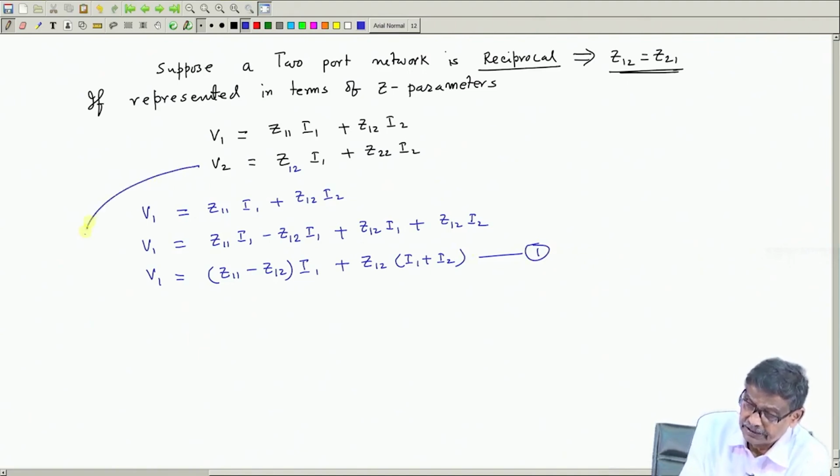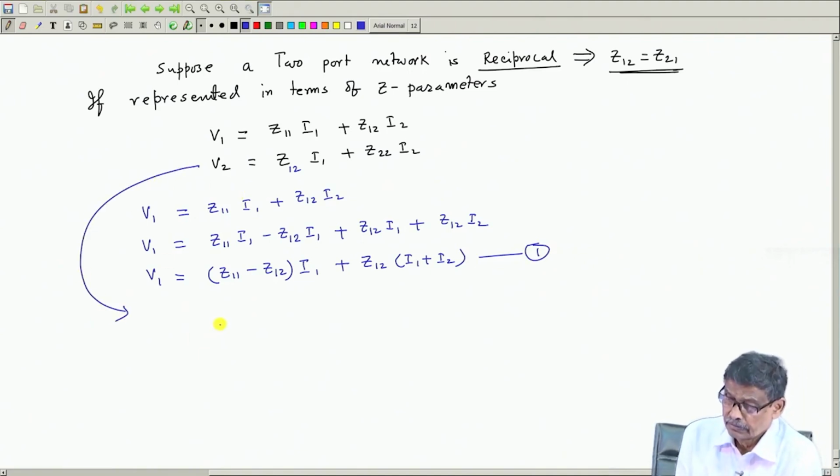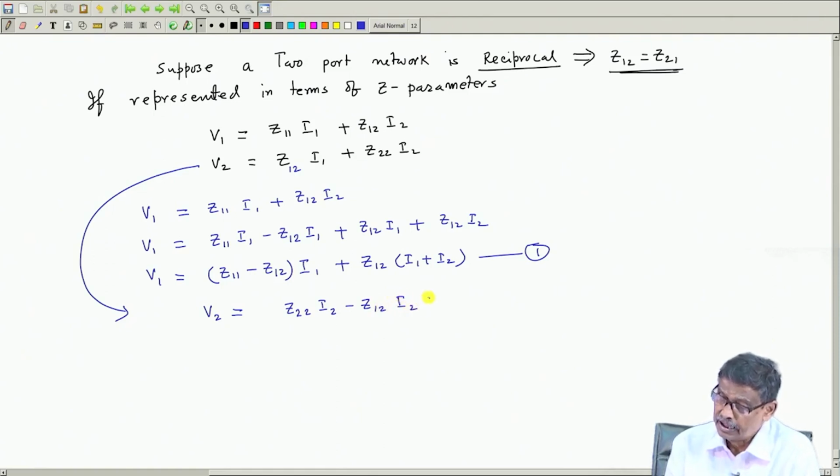Similarly, you play with the second equation. V2 is equal to Z22 I2. So, you write Z22 I2, then subtract Z12 I2 and add Z12 I2, so that it remains same as it was, and finally, the first term is always there, Z12 I1.